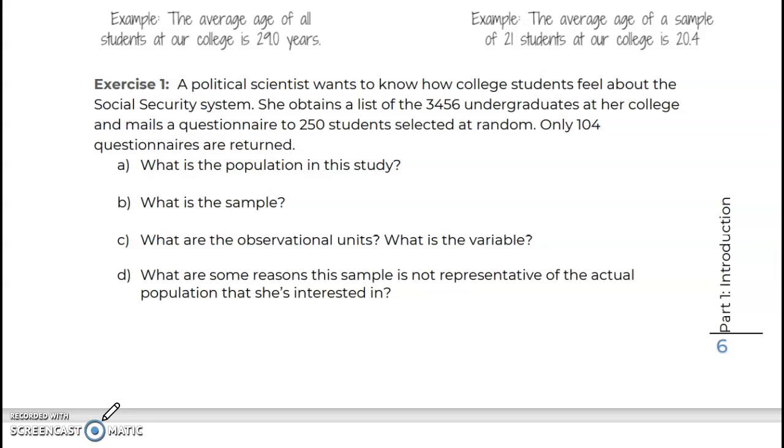So what is the population in the study? Again, remember, population may not be explicitly stated in our question, but what she is trying to find out about is all college students. So not just the 3,456 undergraduates at her college, but she really wants to know about all college students.